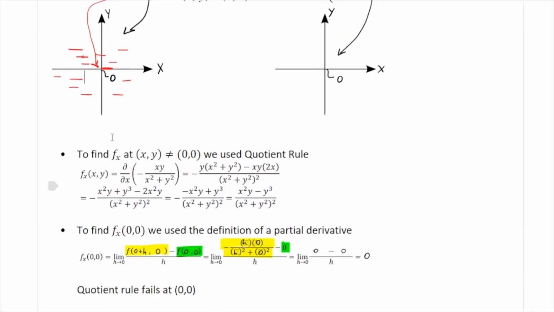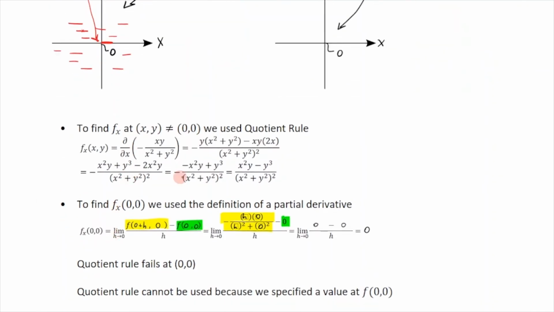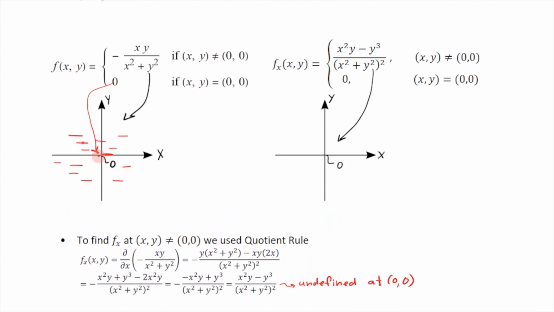And actually, if you were to use the quotient rule and just plug in 0, 0, you will find that the answer would be undefined. So this expression is undefined at 0, 0. But that's not the only reason why we shouldn't use the quotient rule for finding fx at 0, 0. The main reason, in my opinion, is that we're told the value of the function here.